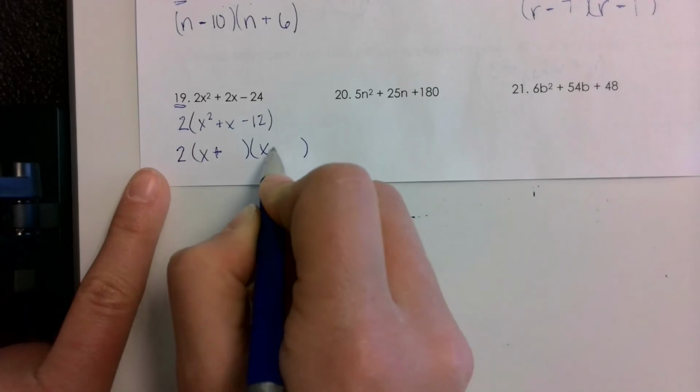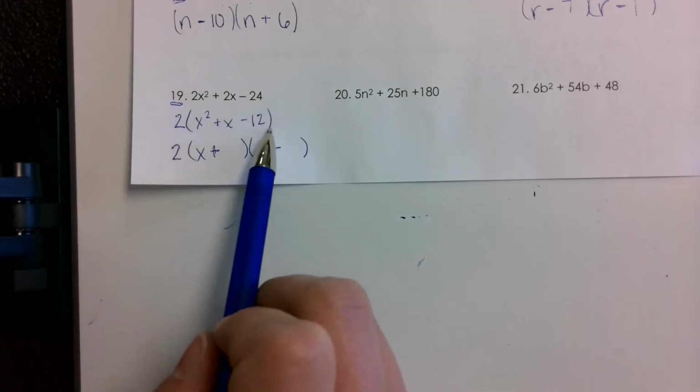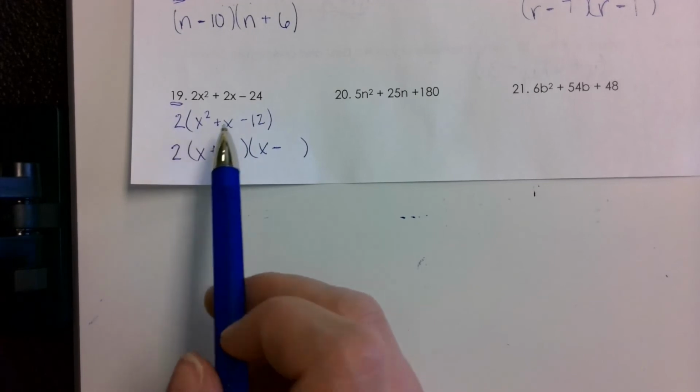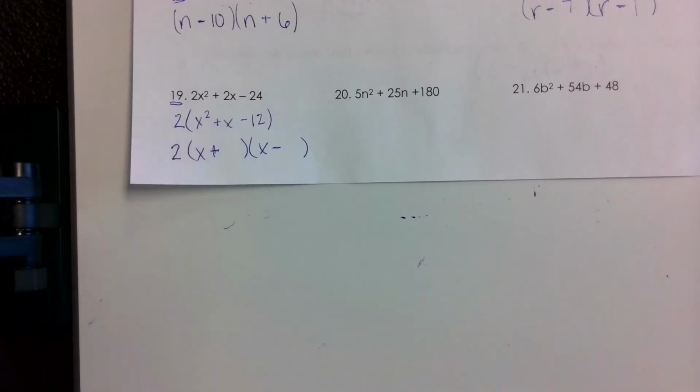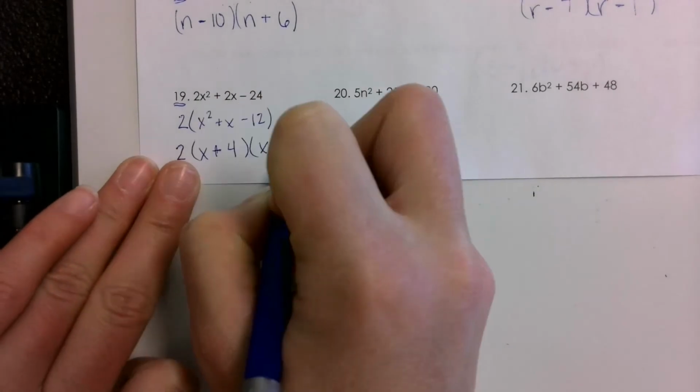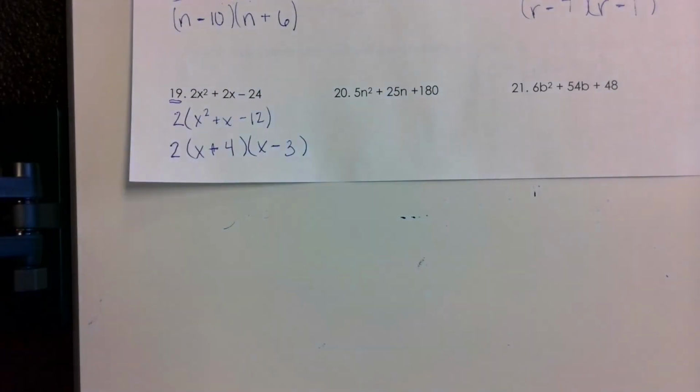We're looking for factors of 12 that subtract to be 1. What are they? 4 and 3. Wait, so you don't have to worry about like if it was negative 4 or positive 3, whatever, it's just another positive 1?